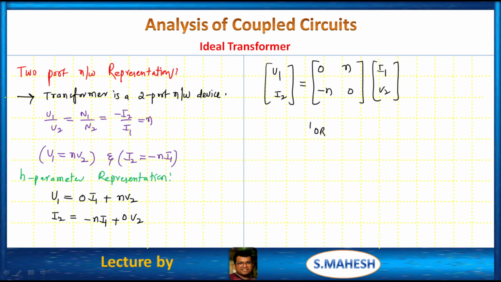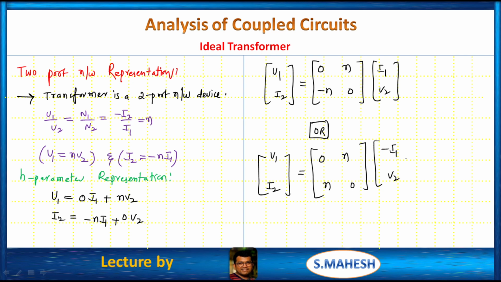Or we can write V1 I2 equals 0 N, 0 minus I1, V2. We can write in this manner, right?